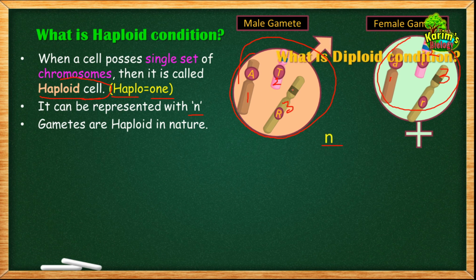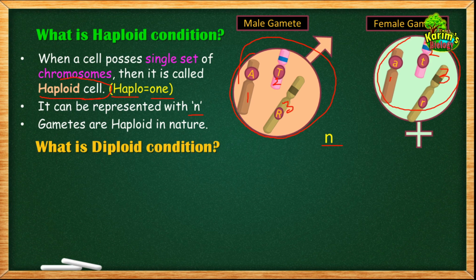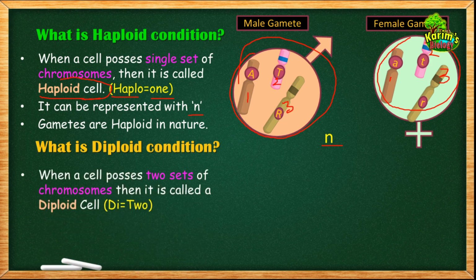So let's now discuss what the diploid condition is. When a cell possesses 2 sets of chromosomes, it is different from the previous case. In the previous case, when a cell possesses a single set of chromosomes, that is called a haploid cell. But when a cell possesses 2 sets of chromosomes, that type of cell is called a diploid cell.